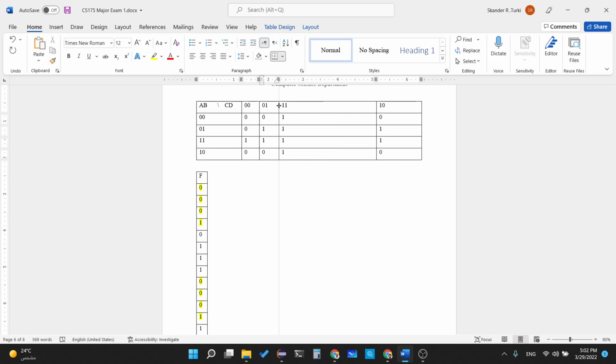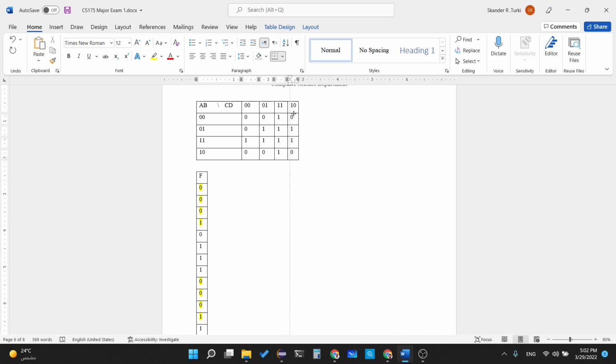Okay, just to make things clearer. So these are the labels. Okay, so what are the groups here?